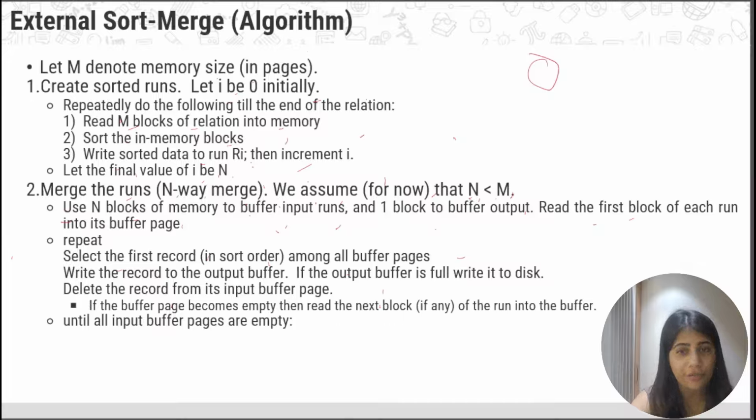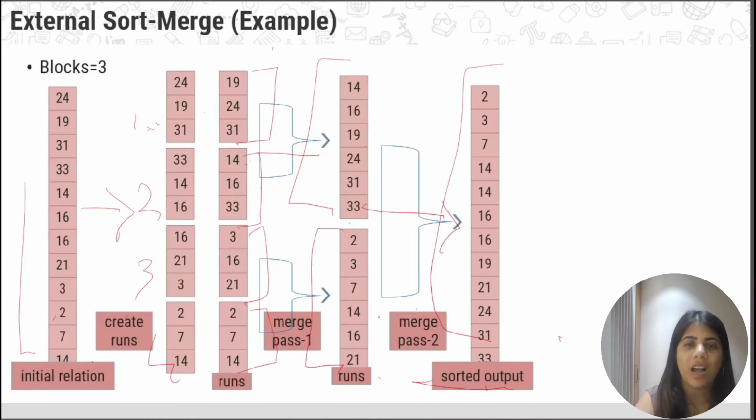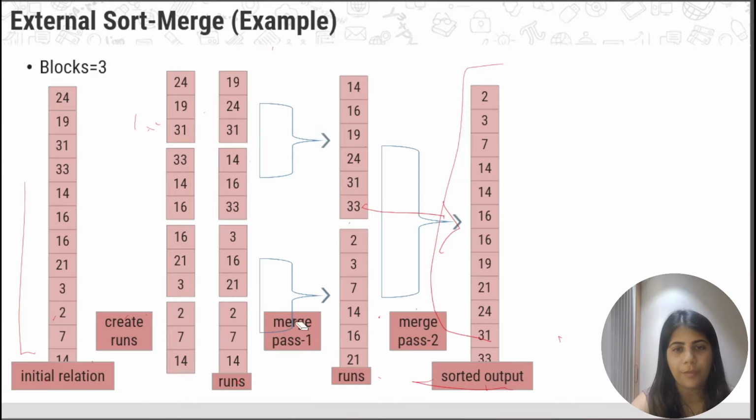If the output buffer is full, we write it to the disk. We delete the record from its input buffer page, and if the buffer page becomes empty, we read the next block, if any, of the run into the buffer, until all input buffer pages are empty. So exactly the operation we did here is explained in terms of an algorithm which we can use to follow.